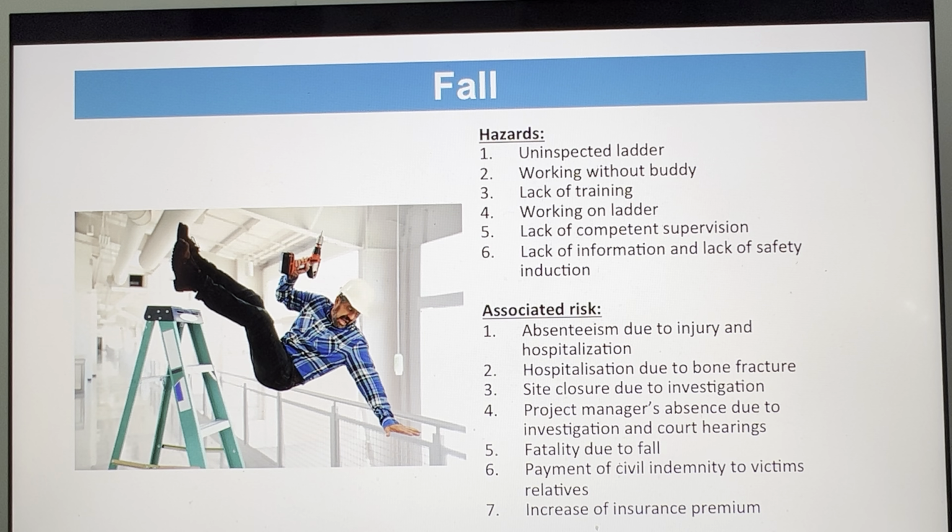That is why we have to take good care of the older ones. By doing this, we have to be very careful in ensuring the ladder are inspected and workers are informed.